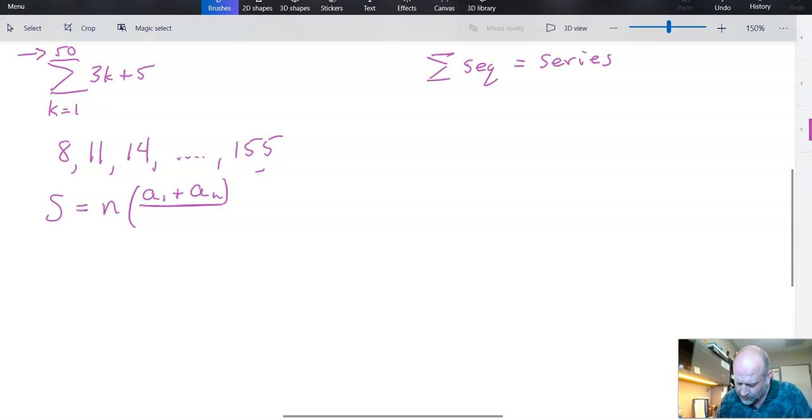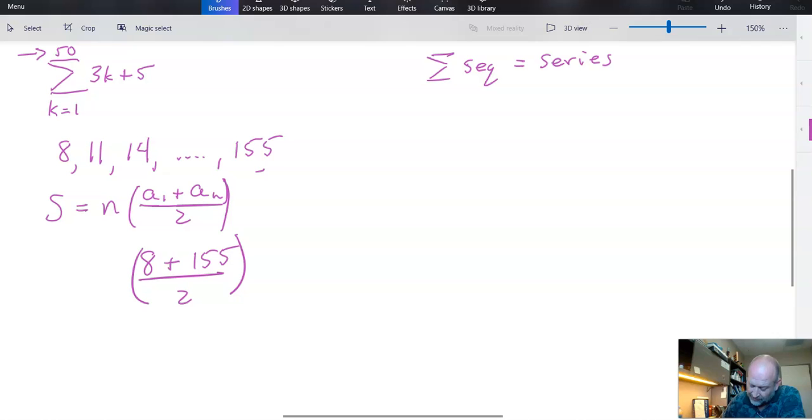Right? So those are the only things we need. We need to know it's an arithmetic sequence. If we know it's an arithmetic sequence, we need the first term, the last term, and the number of terms. Those are the only things you need. First term is 8. Last term is 155.